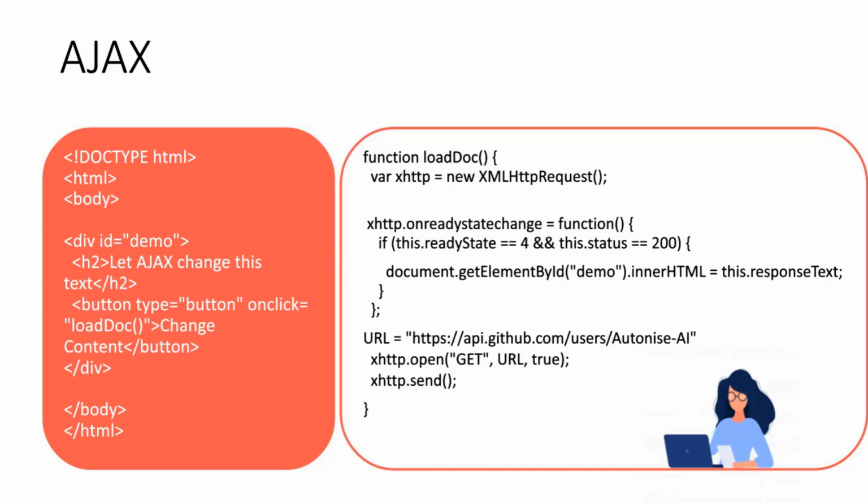In this division, we have an H2 heading which says 'Let Ajax change this text'. Then we have a button of type button, and we have a DOM event attached to it which says onclick equals loadDoc. loadDoc must be a JavaScript function then. On the right, we have defined the loadDoc function.